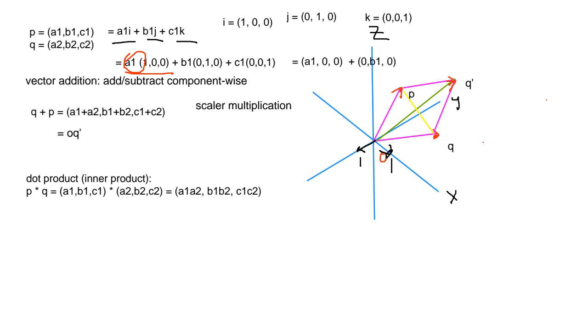A1 times 1, 0, 0 is a scalar multiplication, I get A1, 0, 0. B1 times 0, 1, 0, I get 0, B1, 0. And C1 times 0, 0, 1 the same way, plus 0, 0, C1.